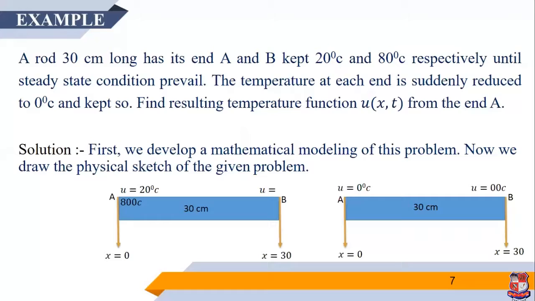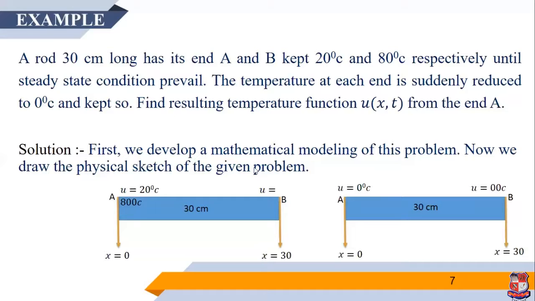Now we consider another example. A rod 30 centimeter long has its ends A and B kept at 20 degree and 80 degree Celsius respectively until steady state condition prevails.